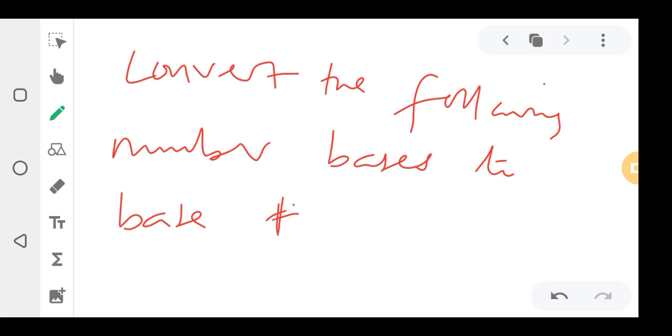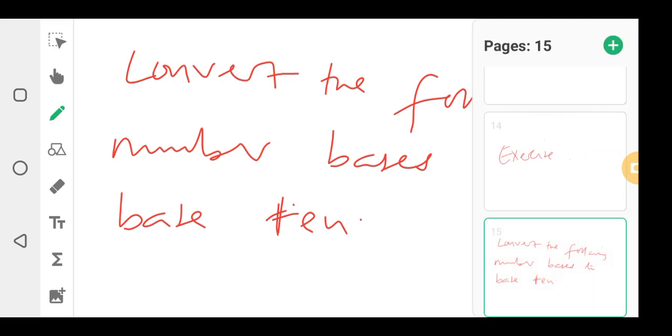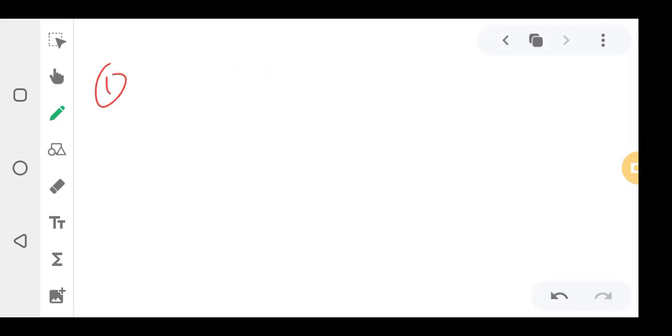This formula is only used when you're converting any base to base 10. So here they are. Question 1, 103 base 3. You're converting it to base 10. All these ones are converting to base 10.